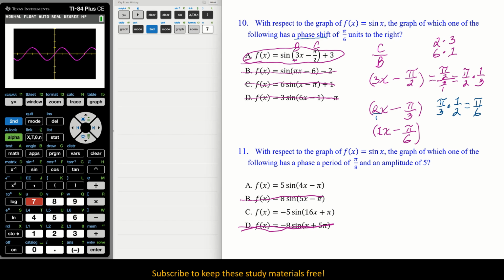Now, for each one of these, let's do the first one. 2 pi over B, well, that's 4, so that's going to be pi over 2, so this is not it. Let's double check C. 2 pi over 16, and yes, that simplifies to pi over 8, so option C is the appropriate one.